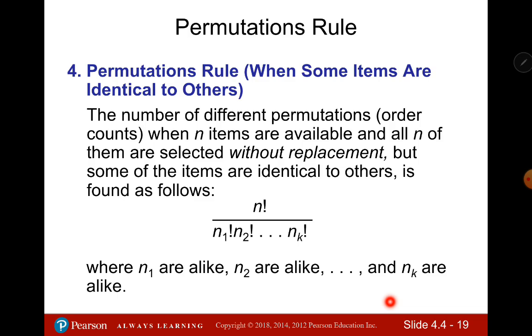But this time it's a special case, not n different items. Some items are identical to each other, which means they are not n different items. Some of them are just the same. But we still want to put them in order. Still order counts.